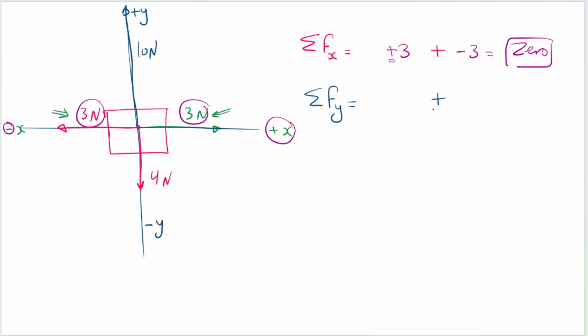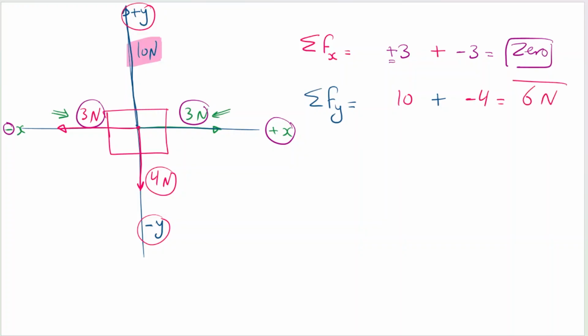We will add them also, but with taking their directions into consideration. We have positive 10 because it's pointing upward in the direction of positive y, and we have 4 in the negative y direction, so it will be negative 4. 10 plus negative 4 is equal to positive 6.